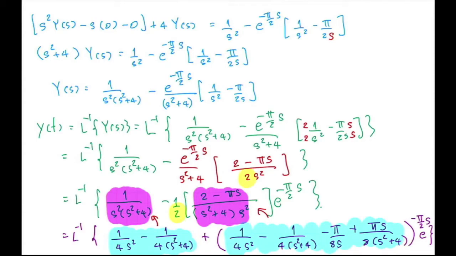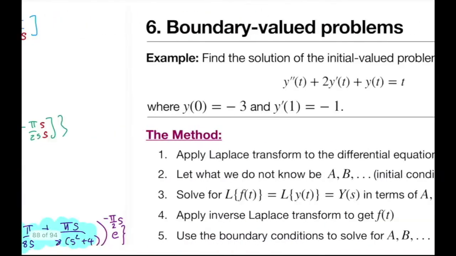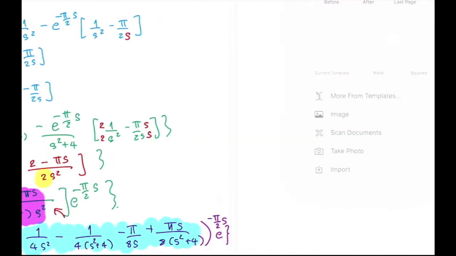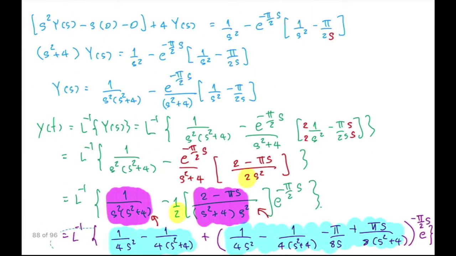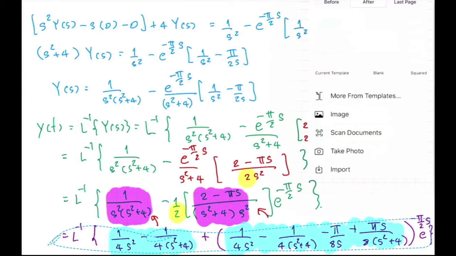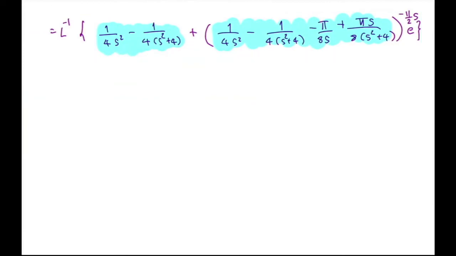Okay. So here, oops, let me get the next page. Let me copy this. The inverse Laplace transform of the first guy would be 1 over 4 t minus 1 over 8, right?